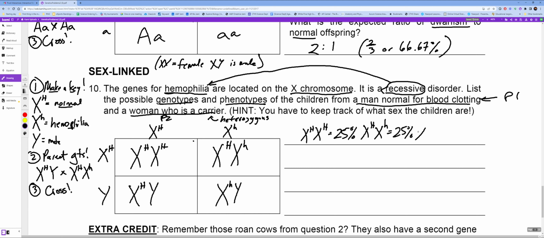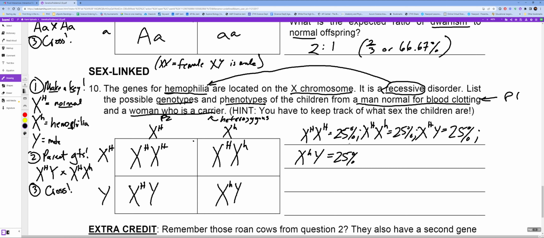Okay, X big H, Y. I'll put little semicolons in here trying to separate this. X big H, Y. Also going to be 25%. And finally, X little h, Y is also going to be 25%, right? 1 out of 4, 1 out of 4, 1 out of 4, and 1 out of 4. Okay.